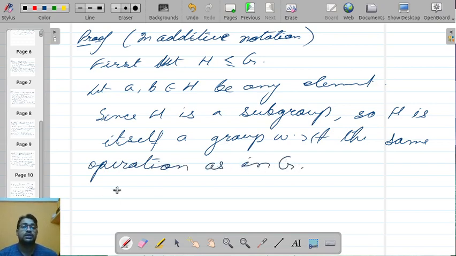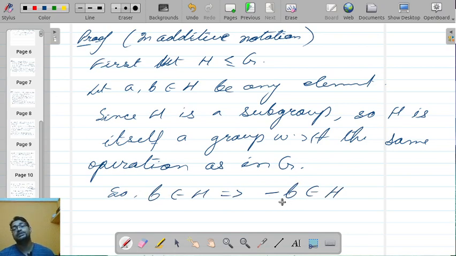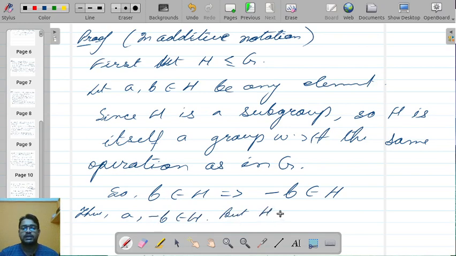So B belongs to H will imply that minus B belongs to H. In additive notation, minus B is the inverse of B. So minus B belongs to H. Thus A, minus B belong to H, but H is closed.